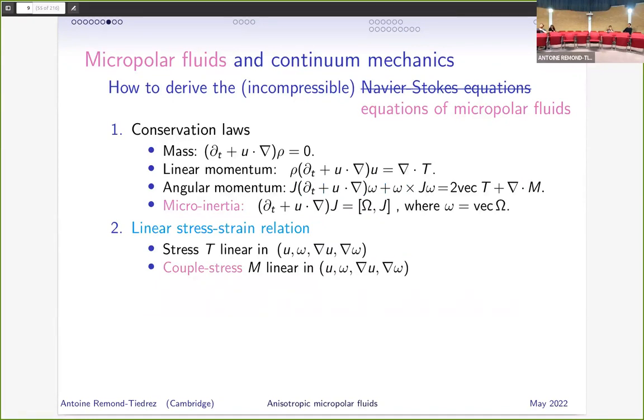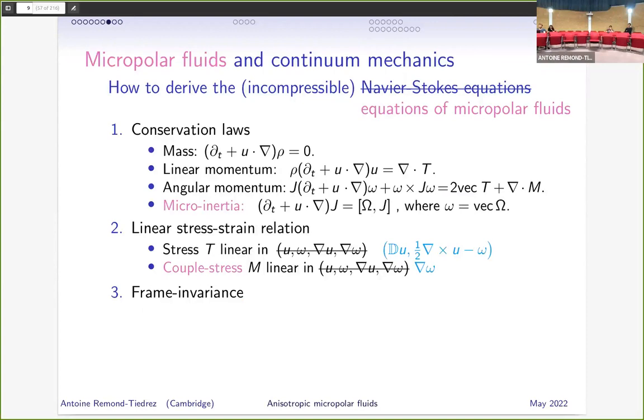And then you do the same kind of thing you did before. You say, okay, I go in the lab and I measure how the coupled stress tensor depends on the dynamical variables. You posit that it's linear in these variables and their gradients. You ask that it's frame invariant, and so you get lots of simplifications. The one to point out in particular is that the curl of u and the rotation of the microscopic particles are coupled in this way.